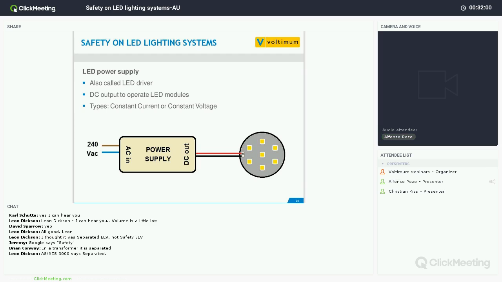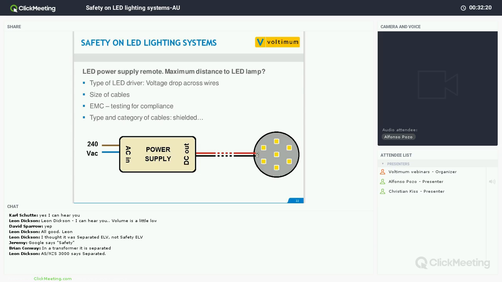And anyone can think that it's as simple as extending or using longer cables, but there are several factors that must be considered beforehand. First of all, the type of LED driver that the luminaire is using.